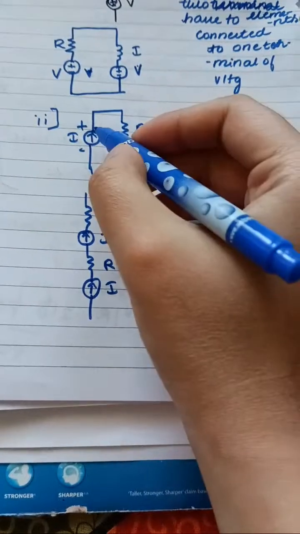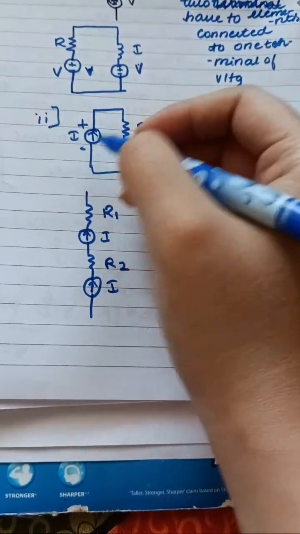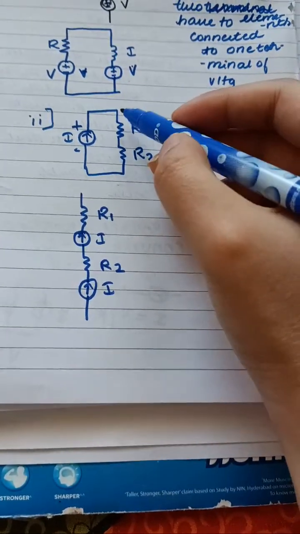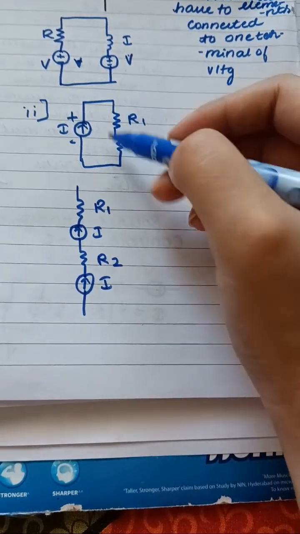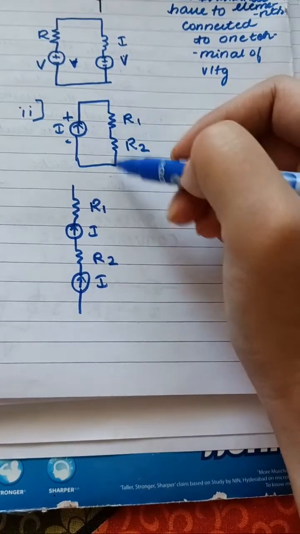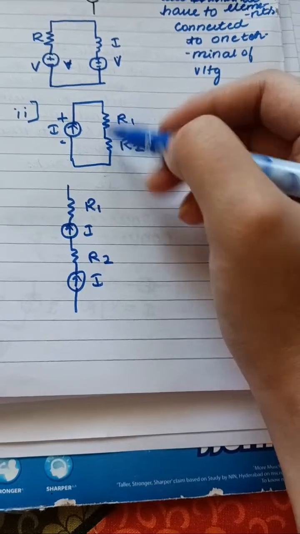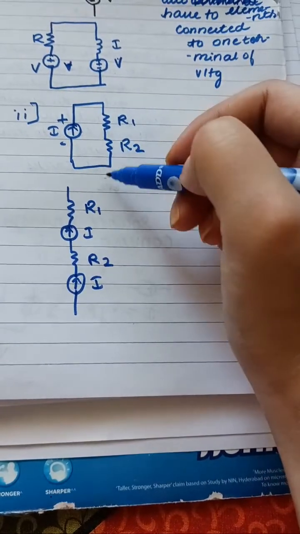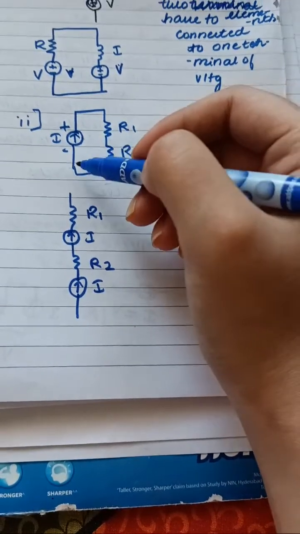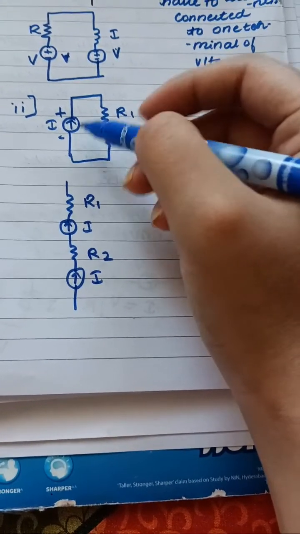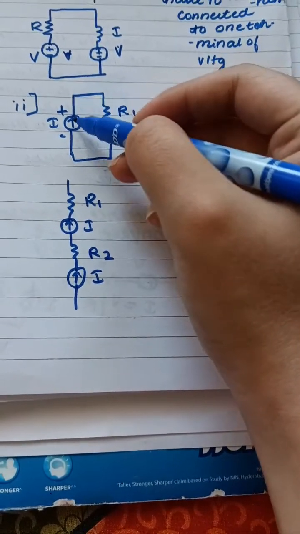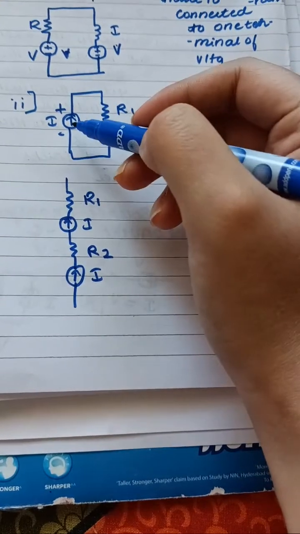If you see the current, the ends of the two terminals are connected to the positive and negative of the current. See here, this end is connected to positive and this end is connected to negative.